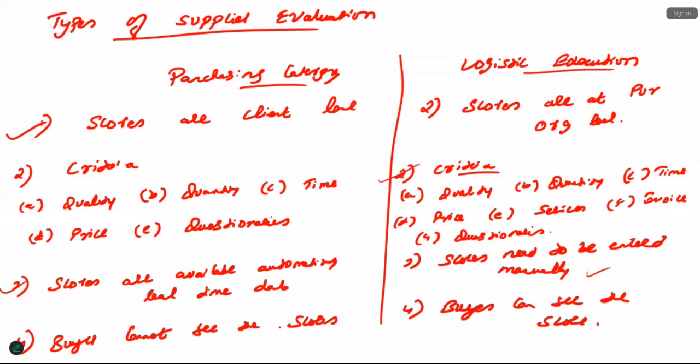That is data manipulation. So if buyers cannot see the score, that is more preferred in supplier evaluation. So in this, 3 points are preferred for purchasing category. Only 1 point is preferred for criteria. So business will always go with the purchasing category. So supplier evaluation is preferred to be set at purchasing category level.